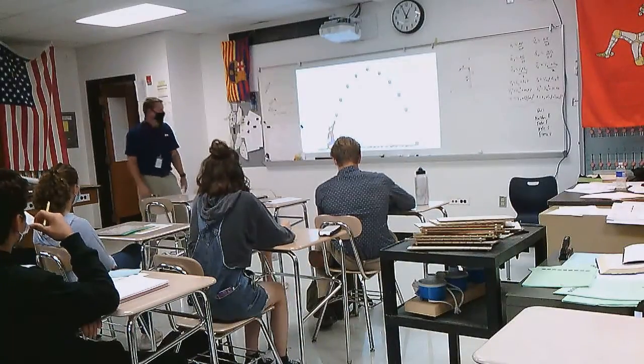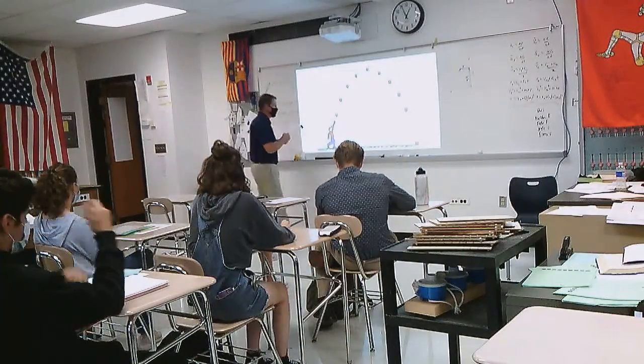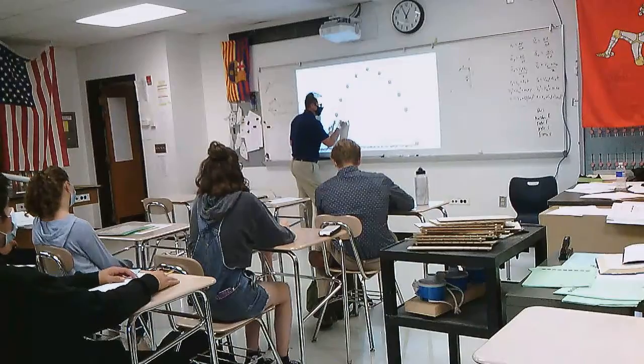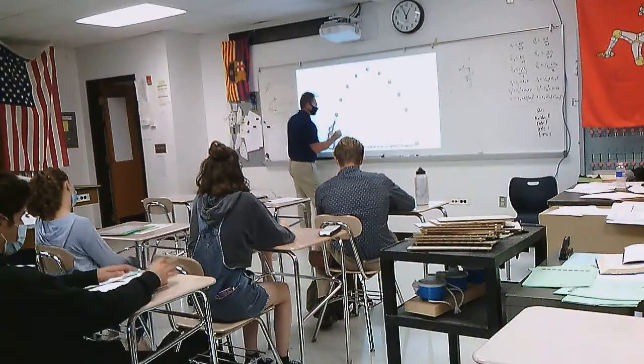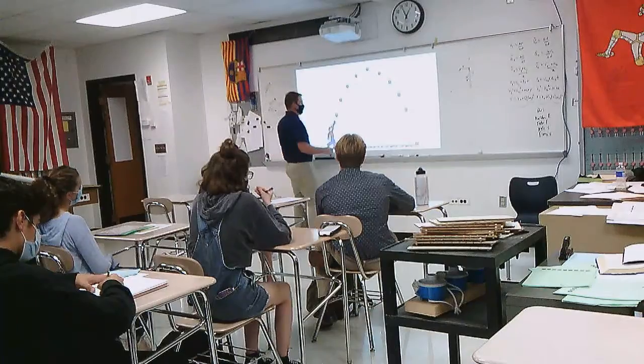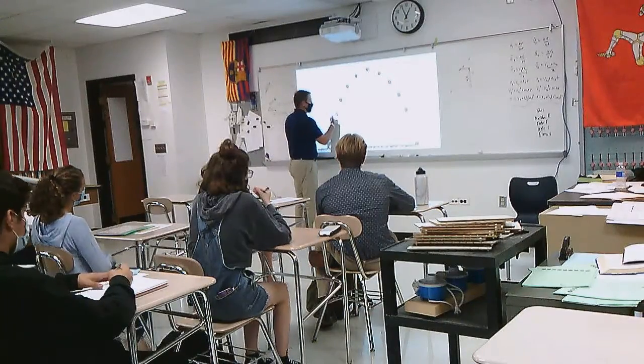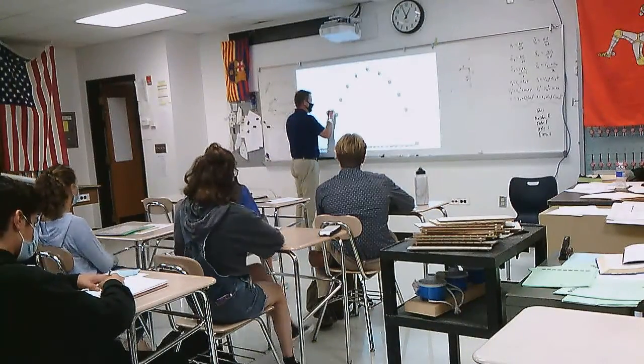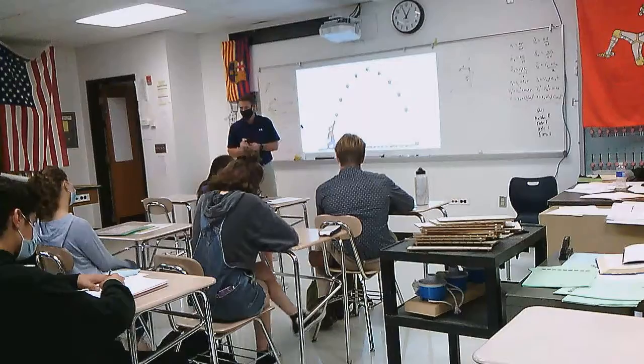Now, the other way we can think about that is, clearly there's some horizontal speed right here. Let's label that v sub 0 sub x. And clearly, since it's going up in the air, we've got a v sub 0 sub y.